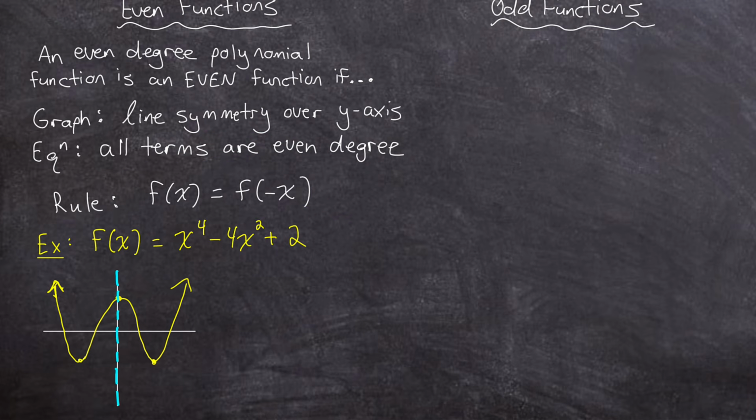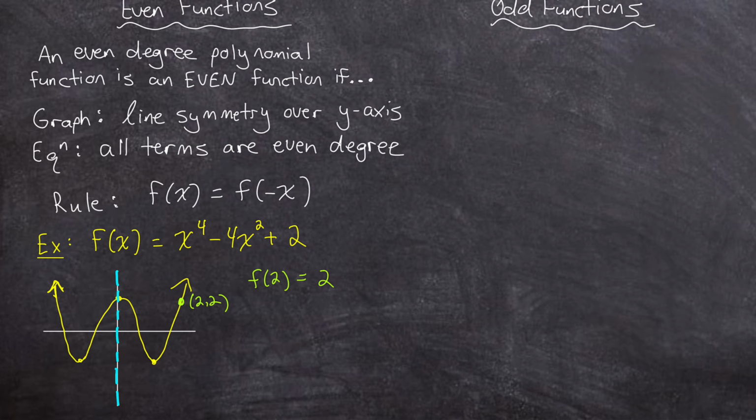So for example, if I were to evaluate f at 2, subbing this 2 in for the x's into my equation, I would figure out that f at 2 is equal to 2. That means this point right here is the point 2, 2. Because this is an even function, I know it's got line symmetry over the y-axis. So moving 2 units to the right, my point is at a height of 2.